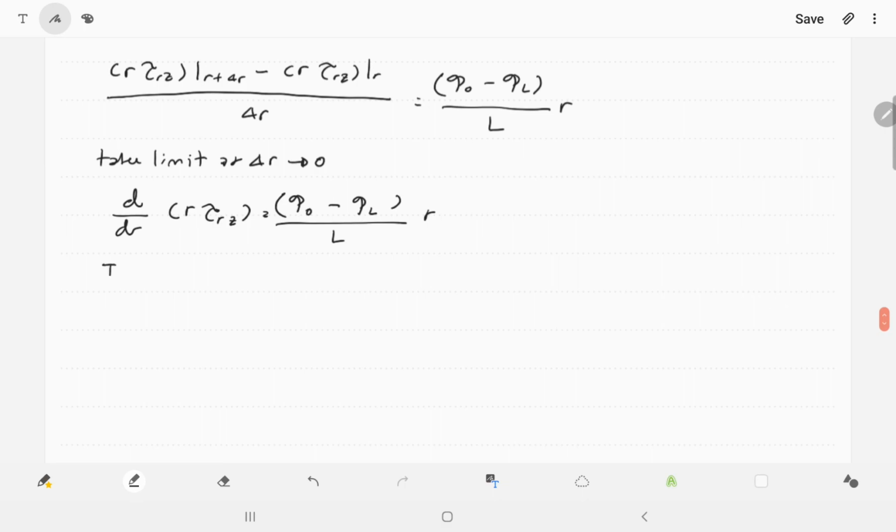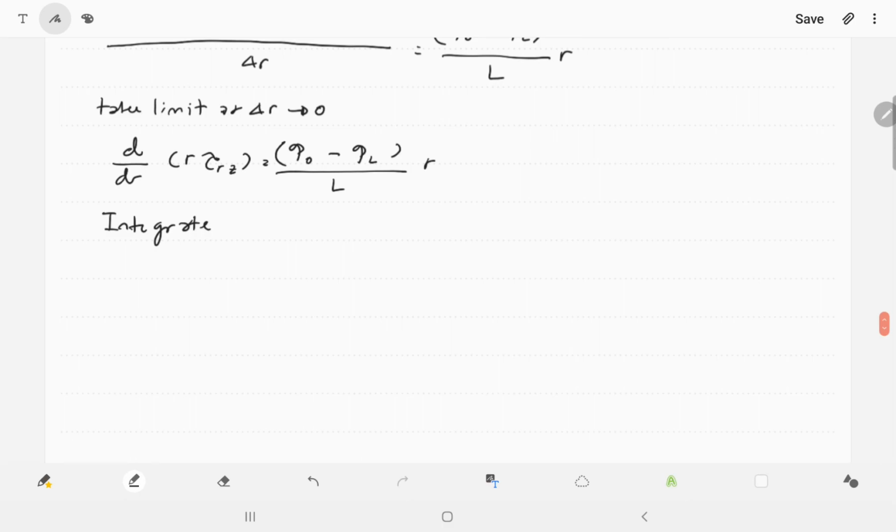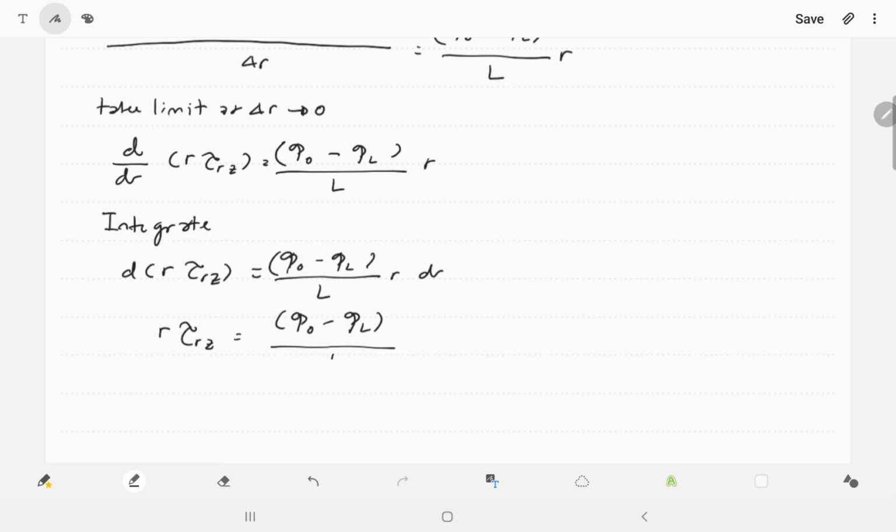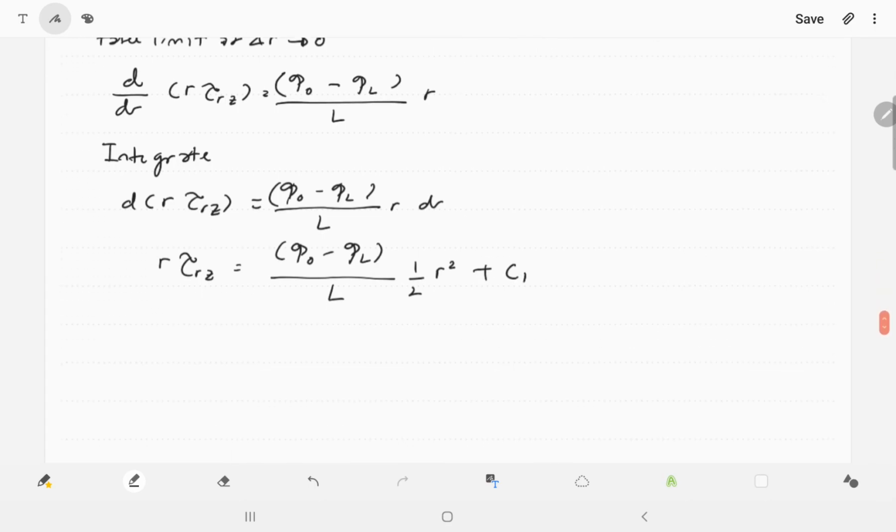Then we can integrate this: d r tau rz is equal to p naught minus pl divided by l, r dr. Once we integrate this, r tau rz becomes p naught minus pl over l, half r square, plus C1.